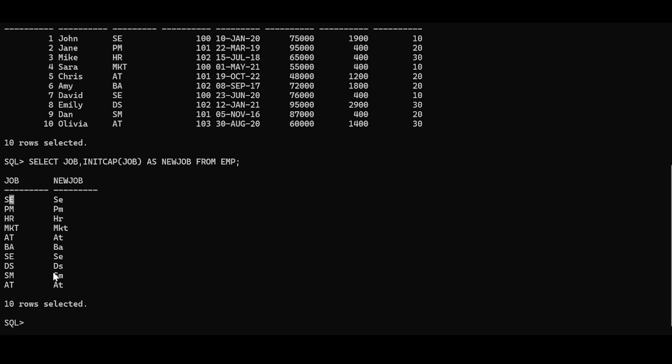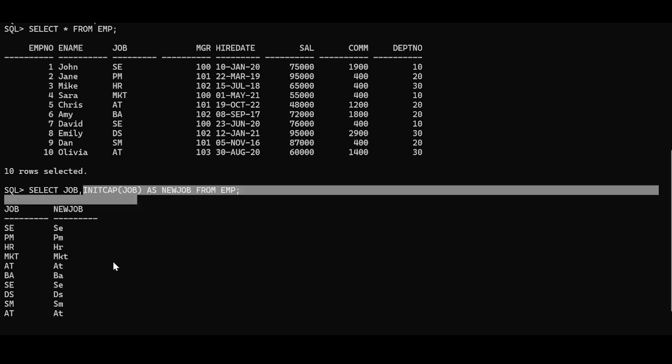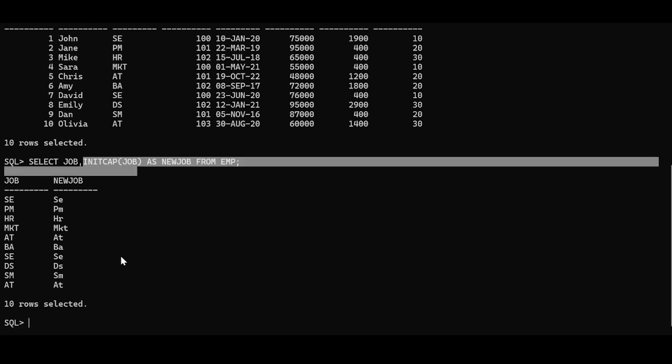Just for understanding, the first characters are in uppercase and the remaining characters are in lowercase. Sometimes you receive the employee name as a combination of mixed cases. In those cases, you have to take care of the data and place it in an organized way by using the INITCAP function. So this is one of the examples.